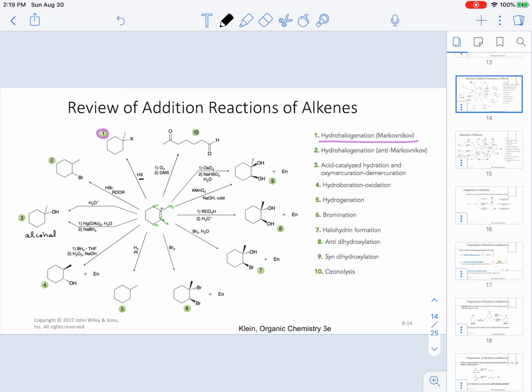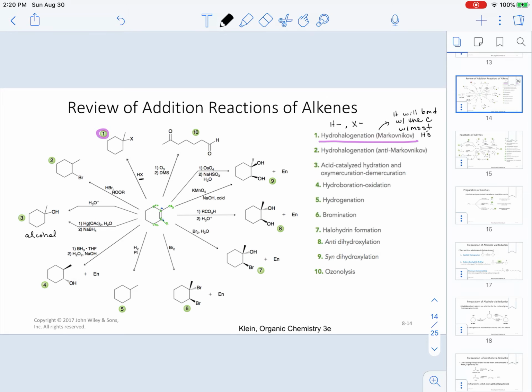In hydrohalogenation, one carbon is going to get a hydrogen, the other carbon is going to get the halogen. Markovnikov addition states that the H will bond with the carbon atom with the most H's.